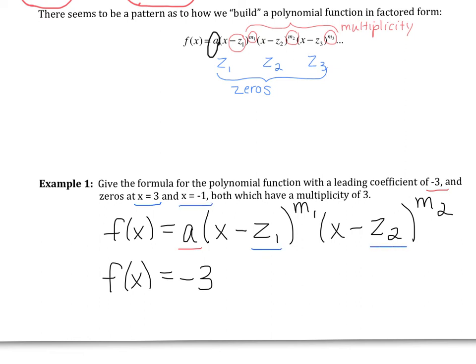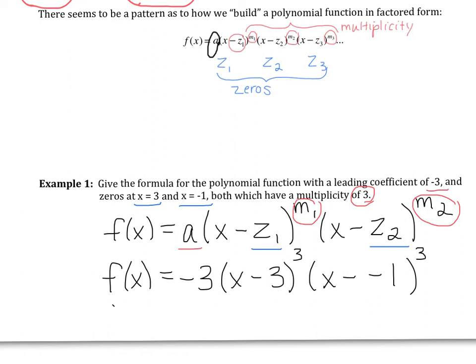That will be our second 0. So let's write that: x minus the first 0, so x minus 3, and then x minus the second 0, which is -1. And then they told us that both of these have a multiplicity of 3. So they basically just told us the exponents to give each of these little factors.